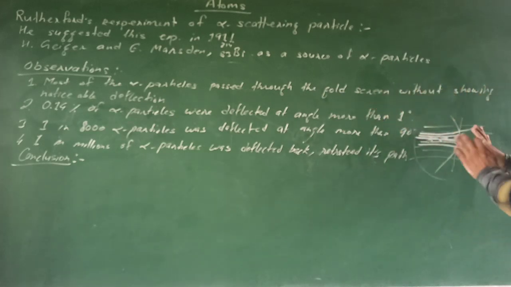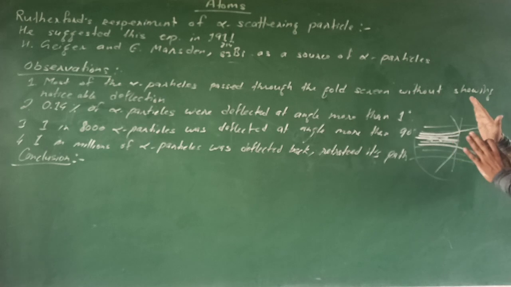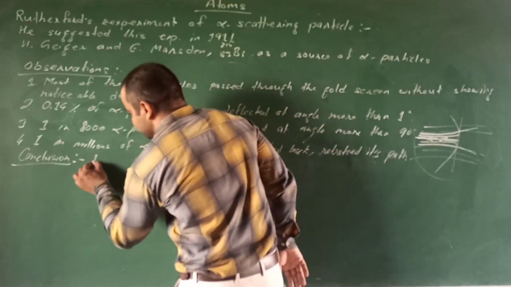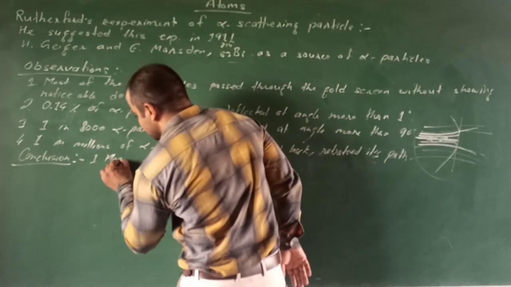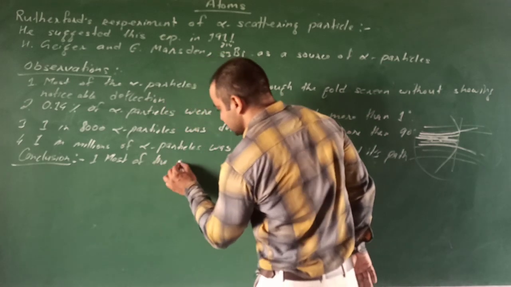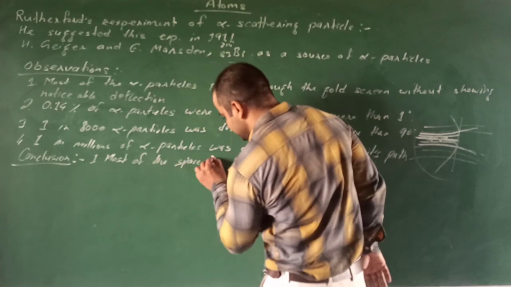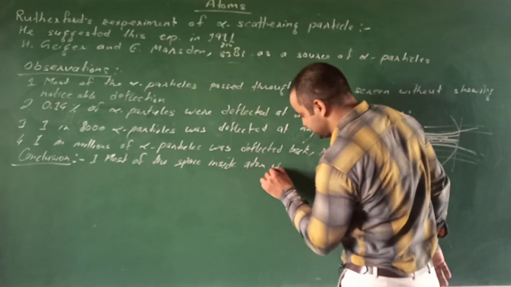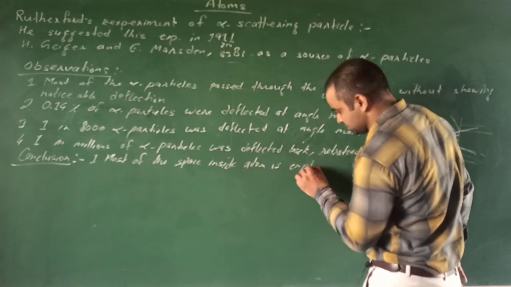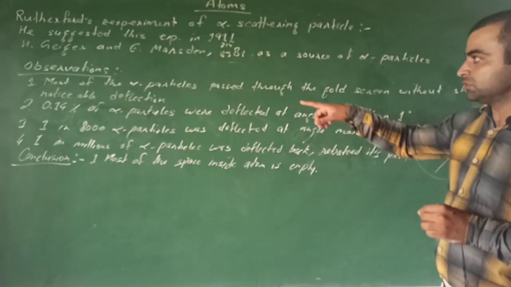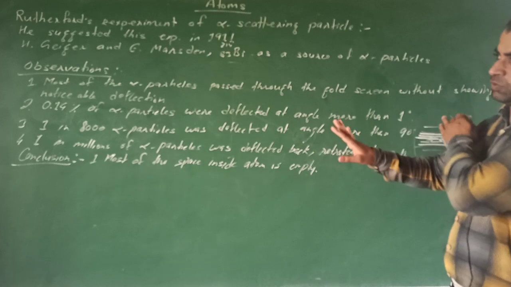Means most of the space in the atom is empty. Number 1: most of the space inside the atom is empty. Is it clear? Because most of the alpha particles pass through.